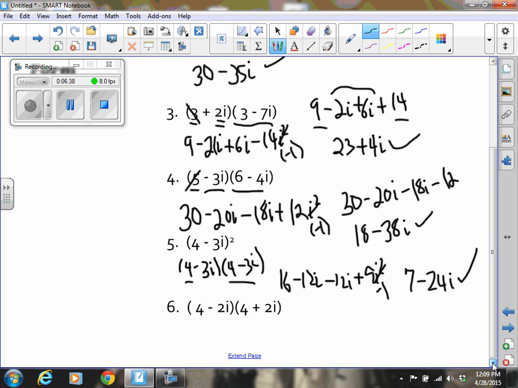All right, last one. I need to distribute here. My real part would give me 16 plus 8i. Distribute my negative 2i. That gives me negative 8i minus 4i squared.